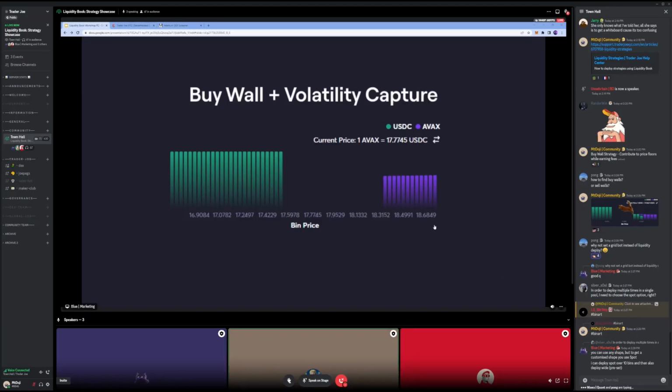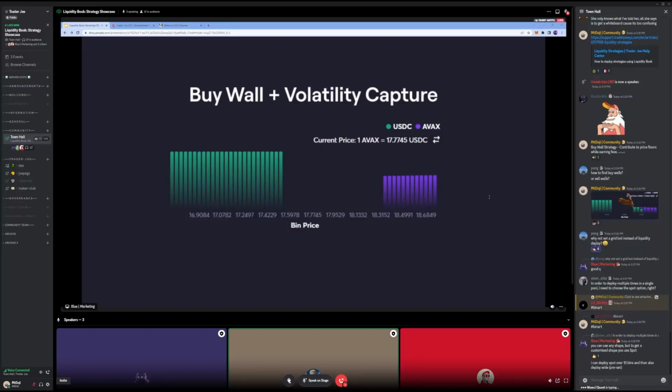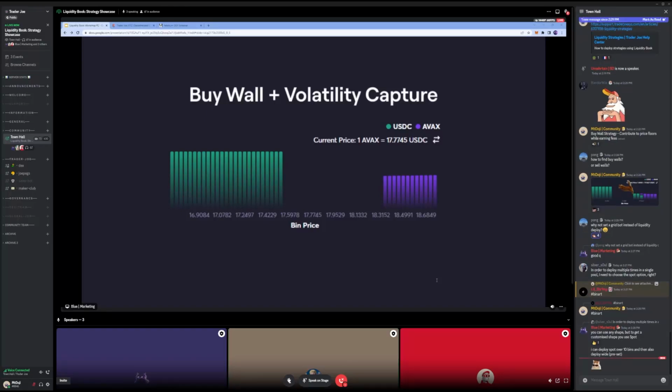So let's say that you earn, let's imagine, 0.80% from a specific position. You will earn 0.80% of your liquidity inside a bin every time the bin is traversed. So this is actually way better for you, as you don't have to incur all the transactions that will clutter your tax report.